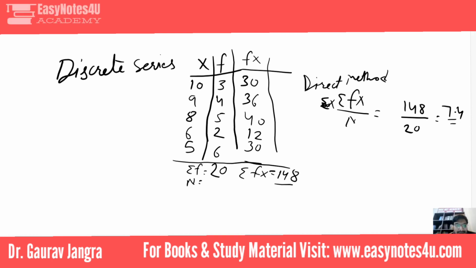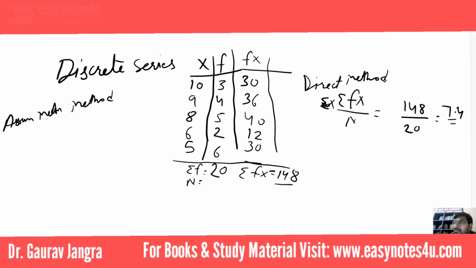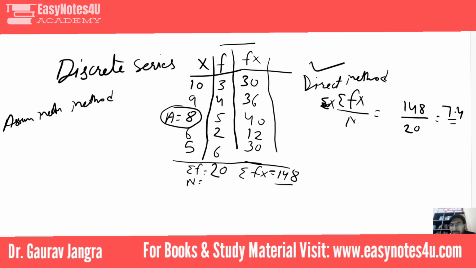In the assumed mean method, first of all we have to assume any mean value from the values of x. For example, we have assumed 8 as a mean.